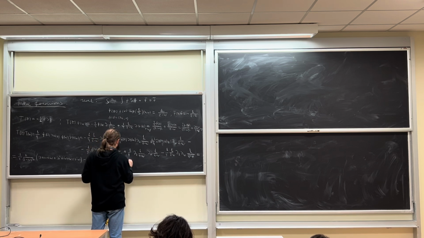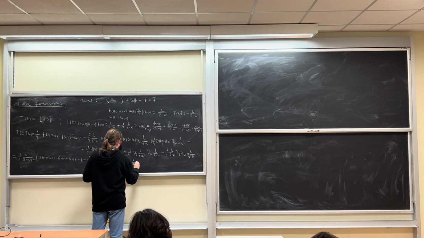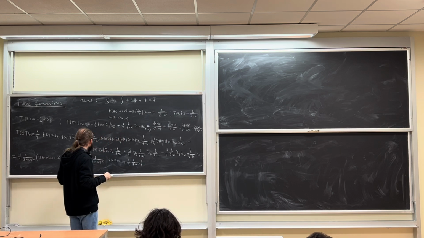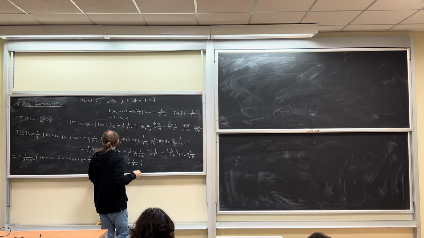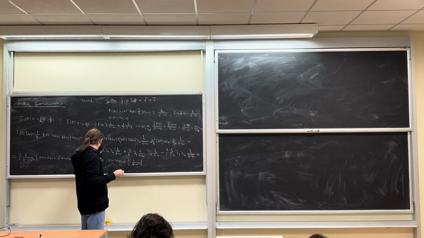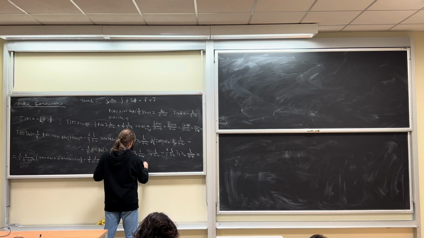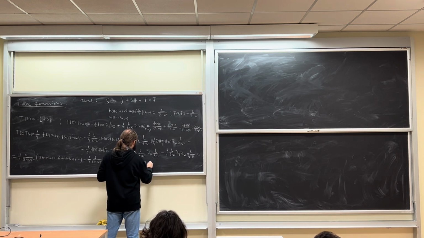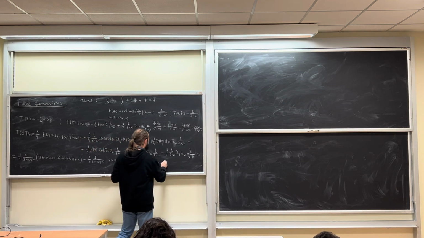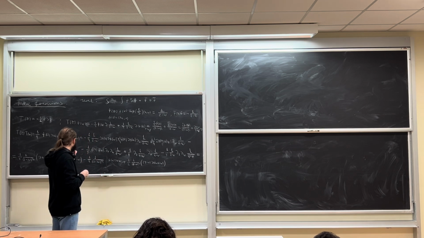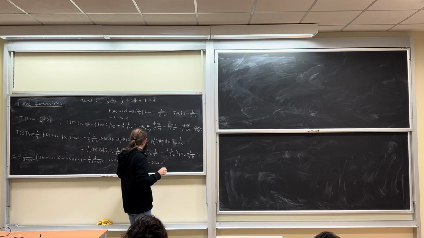So in total it is 1/2 1 over z minus w cubed, and here we have only one relevant expression, which is z minus w and d psi of w, which comes from the expansion of this psi of z. And now let's go to this part.